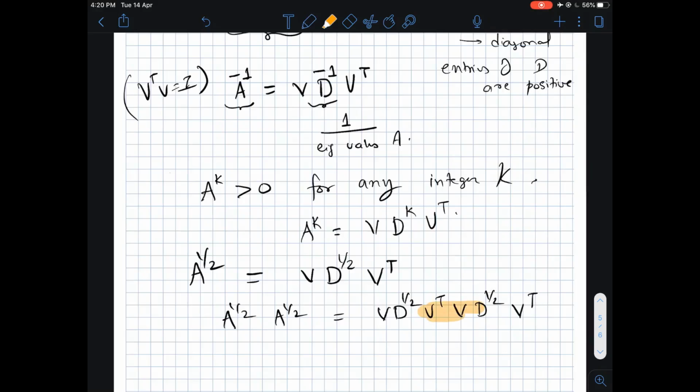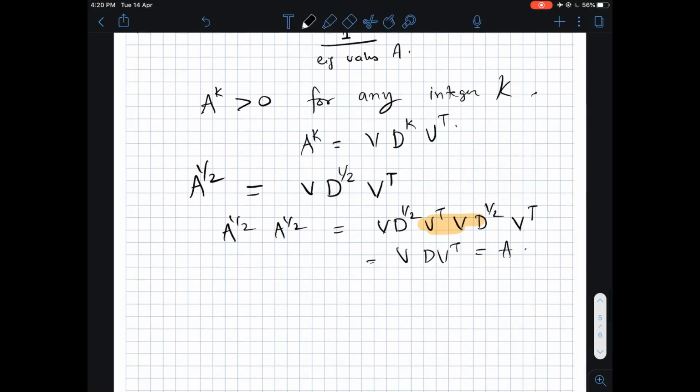Well, these two terms will simply cancel off each other, and then you're left with D to the half times D to the half, which is just D, and you'll get V D V transpose, which is A. Okay, so in some sense, A to the half here is a matrix which, when multiplied with itself, gives you A. That's by definition the square root. Correct? That's why we write A to the half here, right? So A to the half is a square root.